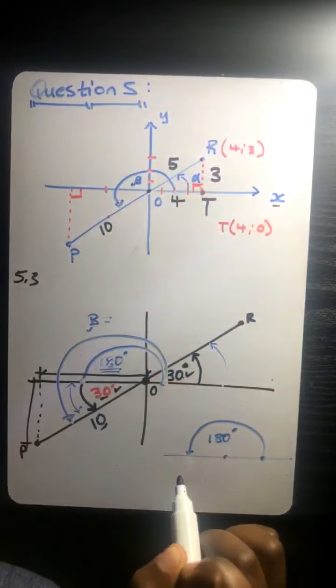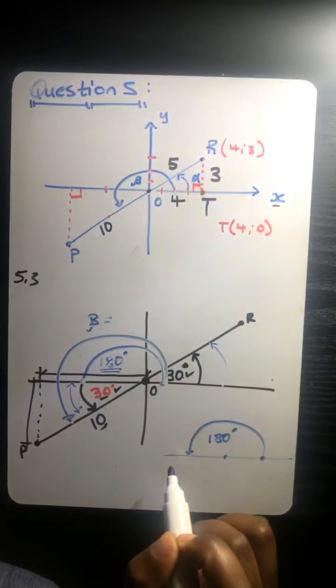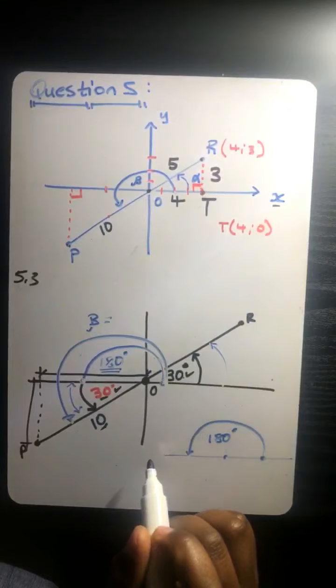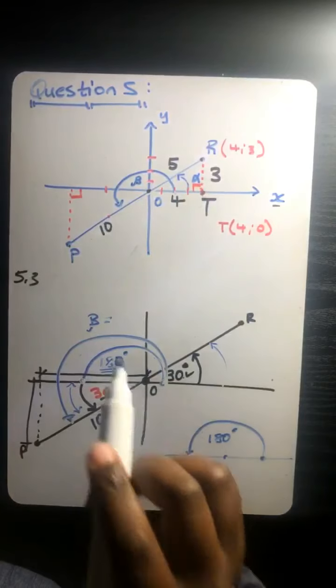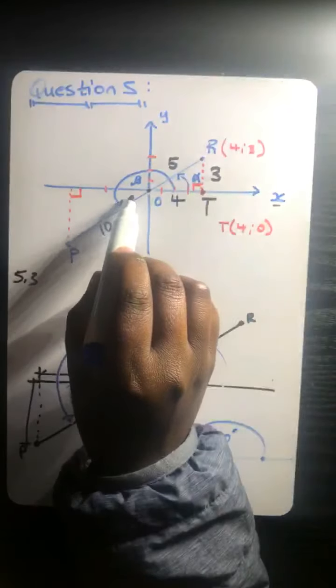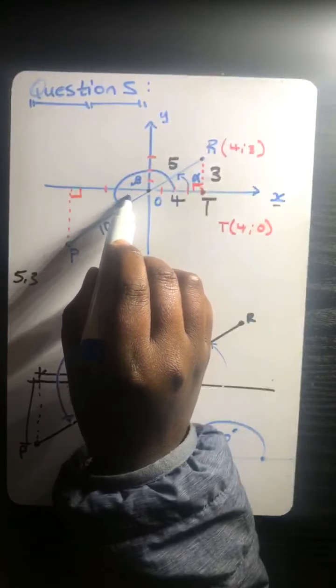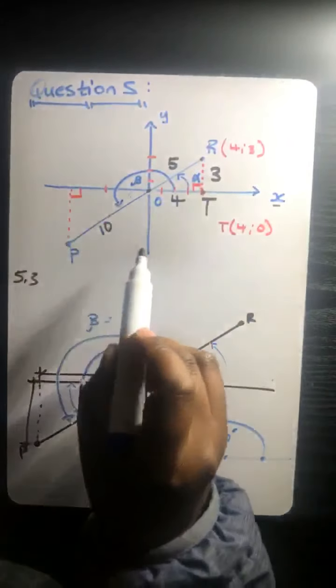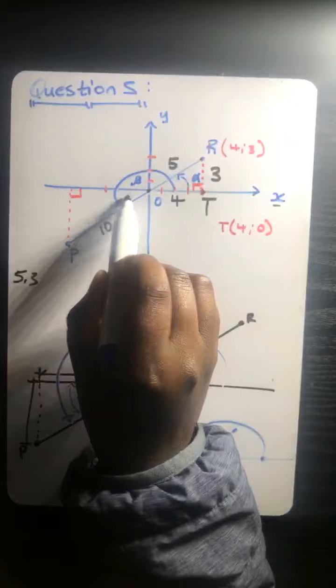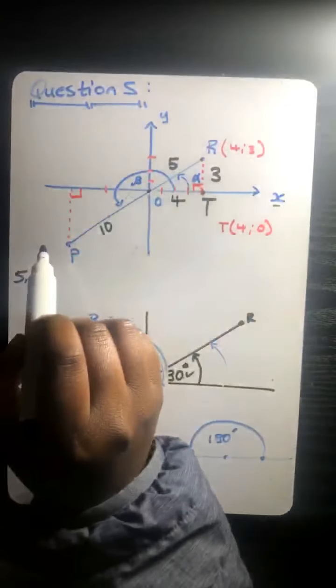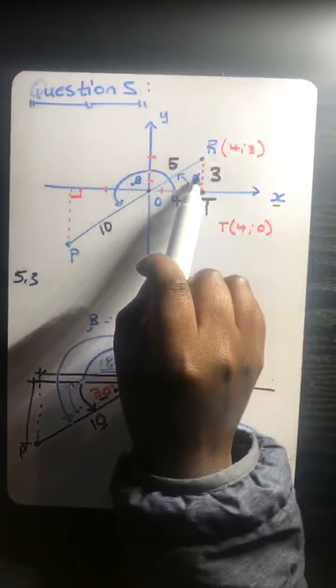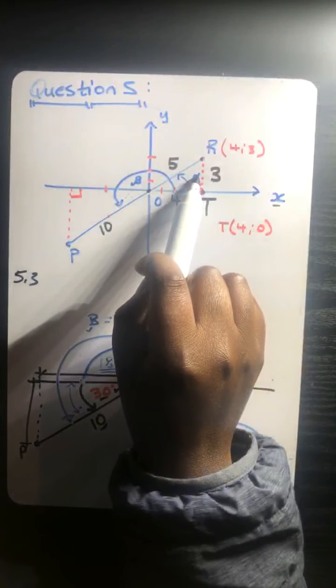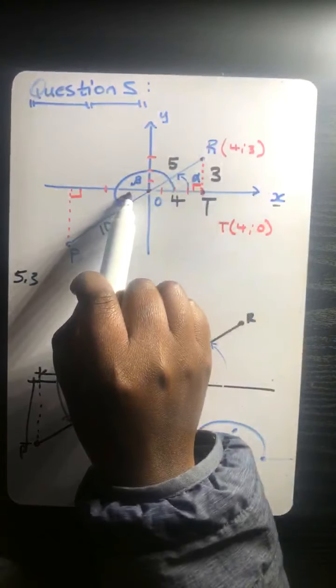180 is not the angle of inclination. It is me trying to explain to you that for you to be able to determine this angle there, you guys confirm that this angle is actually the same as that angle. So if you know what that angle is, then you know what that angle is.